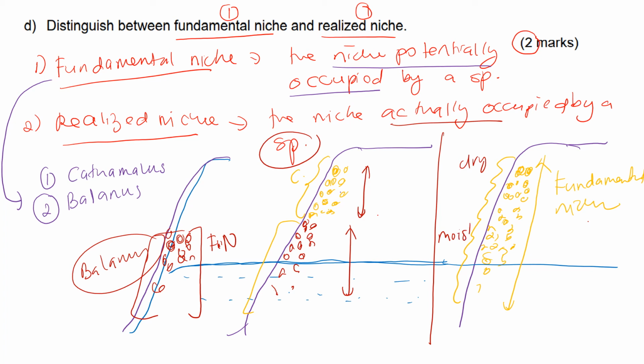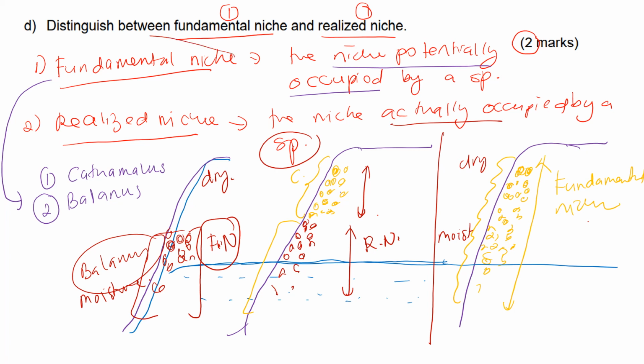Balanus cannot survive in the area that is dry. So the fundamental niche and the realized niche for Balanus are the same, and different for the Catamalis. It depends on the requirement for each species.